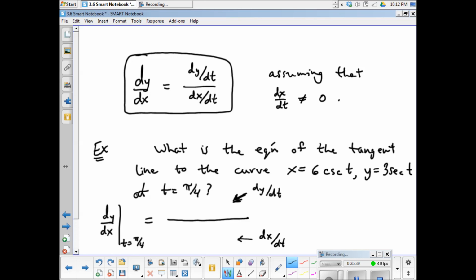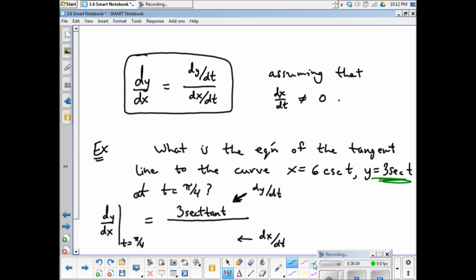So it's going to end up being 6 times, or excuse me, 3. See, I almost put the x on top. So we're doing the derivative of 3 secant t on top. The derivative of that is 3 secant t tangent t, right?